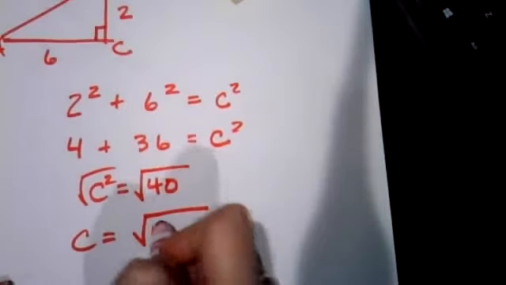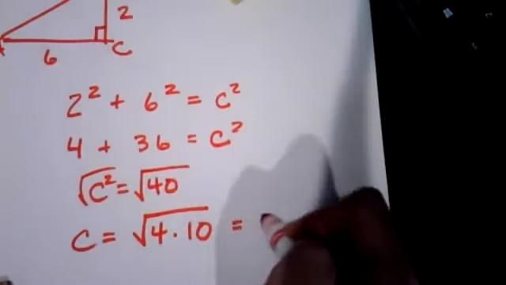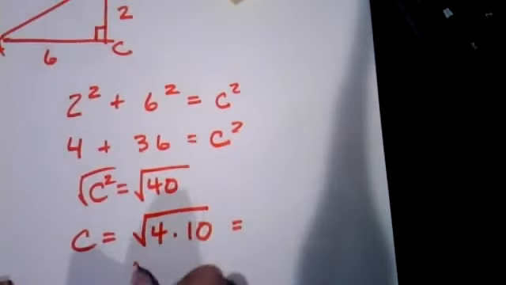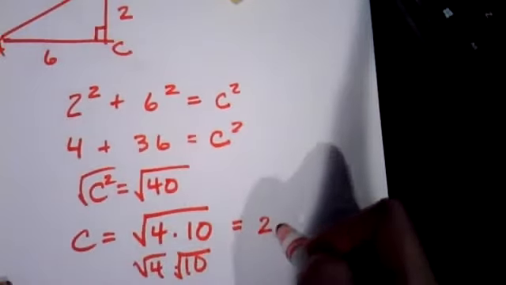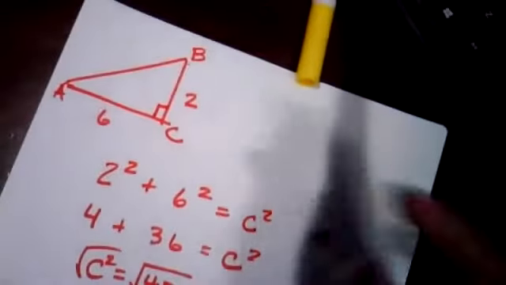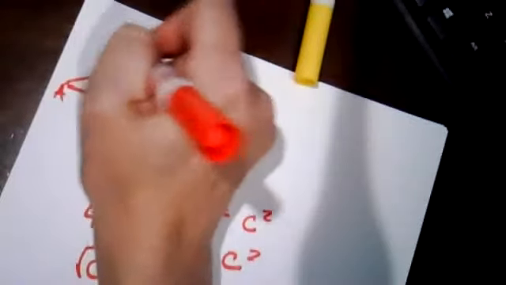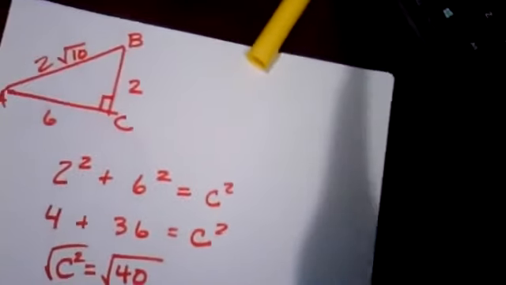We have 40, and 4 is a perfect square, so we're going to pull that answer out, because this is basically the square root of 4 times the square root of 10. What is the square root of 4? Yep, it's 2. So c is 2 square root of 10. Now we have solved for this side right here. I'm going to write it so that I can see it. That was just half our battle, because what we are looking for now is the sine, cosine, and tangent.